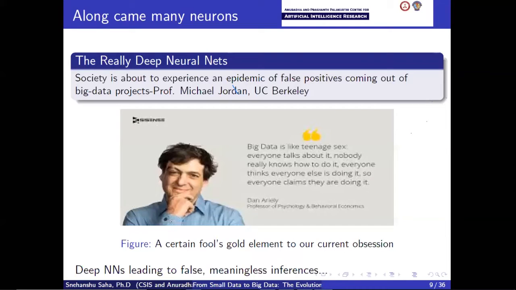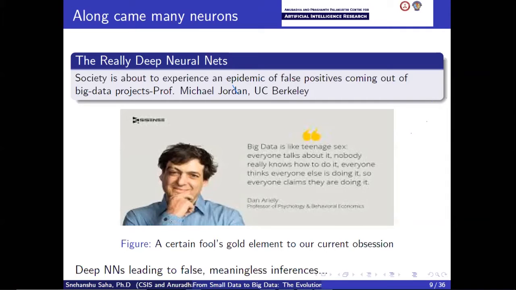And then this is followed by Professor Michael Jordan, whom I have a lot of respect for. He's a full professor and a chair, Department of Statistics and Machine Learning, University of California, Berkeley. He says that society is about to experience an epidemic of false positives coming out of big data projects.